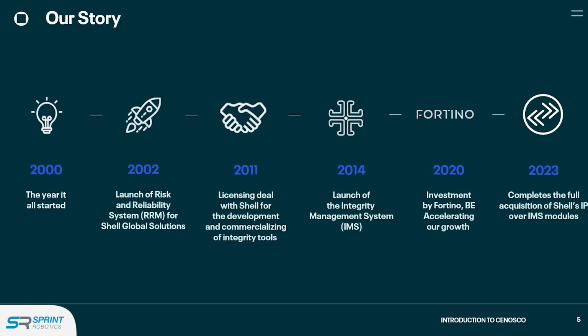Those risk-based inspection tools were basically RBI engines that would create an inspection interval. Since the very early ages, we've been working together with Shell. We also inherited, or acquired, those methodologies from Shell that we use today in our system.